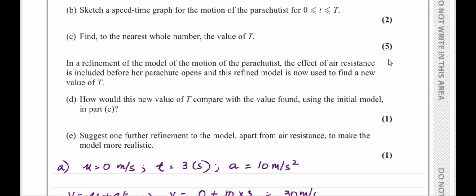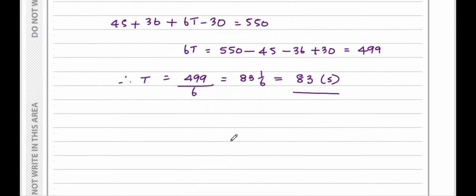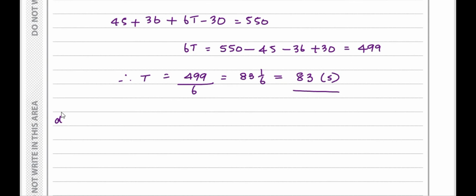Earlier, the parachutist was falling freely under the force of gravity, but now the effect of air resistance is included. Therefore, the time taken will increase, hence we need to write T will increase. The new T value will be greater.